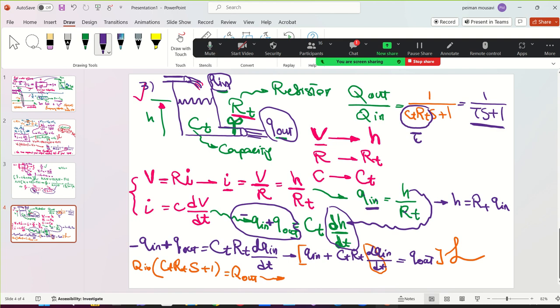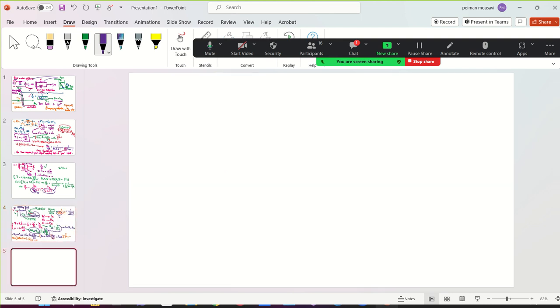So, can I go to the next page? We saw the RC circuit, spring damper, and tank of water. I'm writing generally, as I did for Simulink, the closed loop transfer function of 1 over tau s plus 1. I don't care what tau is anymore.